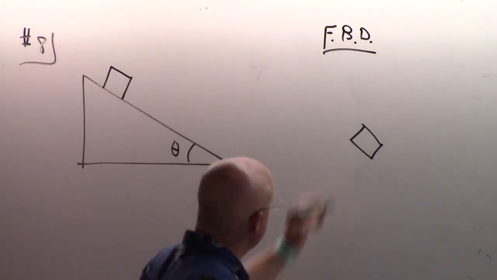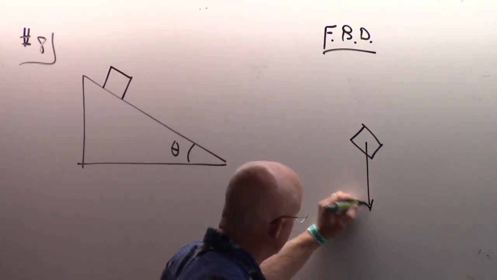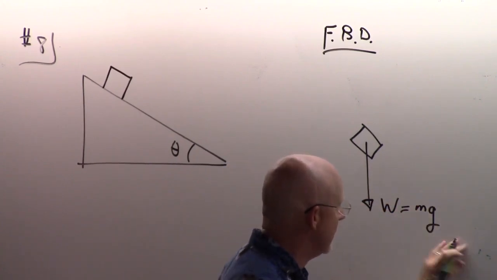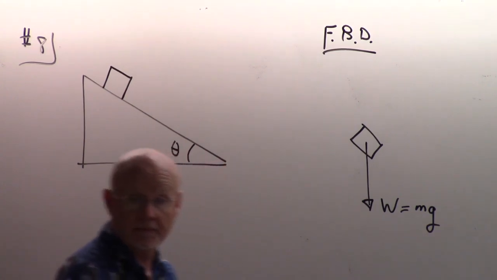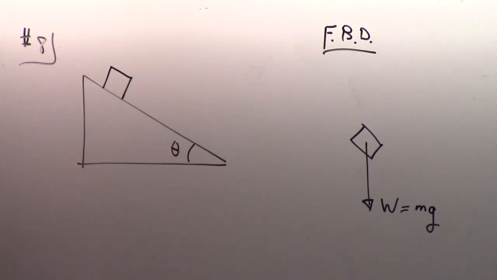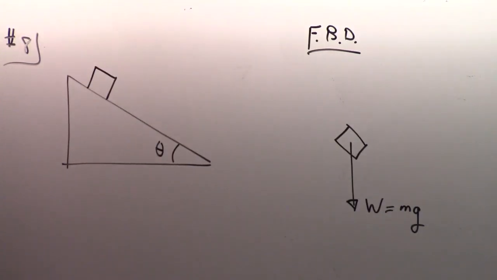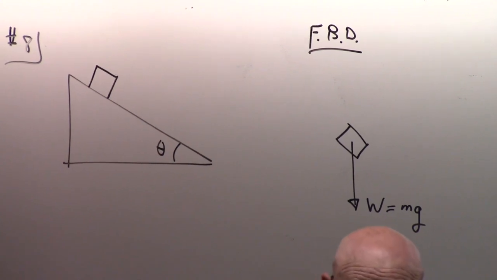So in this free body diagram, I'm going to draw an arrowhead straight down. I will call it W for weight, but we know that equals mg. All right, so there's our chapter 4 stuff. Now, in terms of touching it, the only thing touching it is that incline. And as we said, with the incline, when you put something on a surface, there would be a normal force.